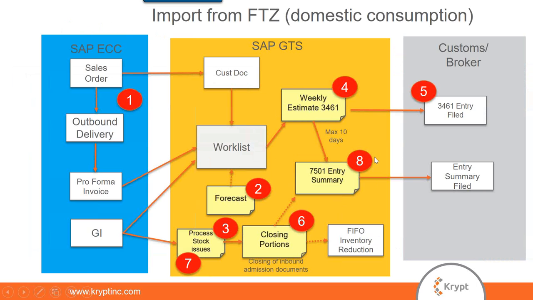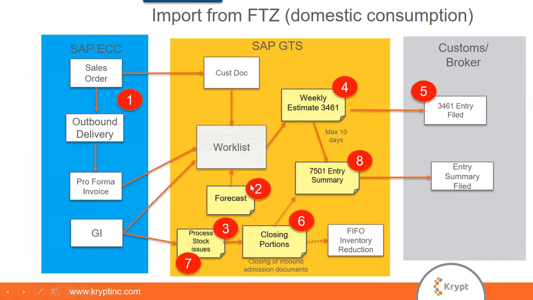If you have a repeatable process, you can basically forecast what's coming into and out of your zone. This weekly process can be advantageous in that you can reduce the number of entries that you file. If you really can't estimate how much is coming out of your zone, you may need to do a daily process. But for most FTZ operators, the benefit of reducing the fees is that you can do a weekly entry summary filing. So I'm showing this weekly process.